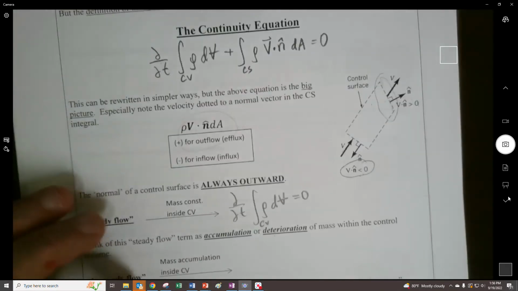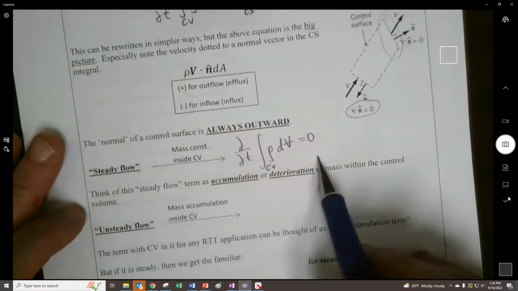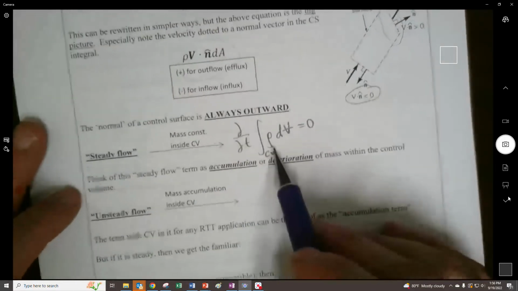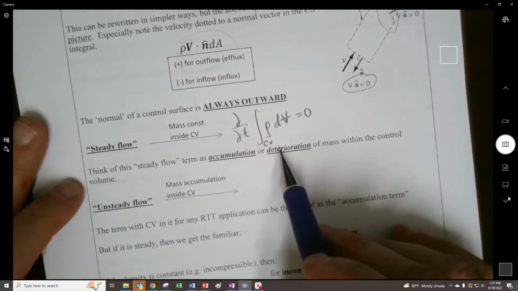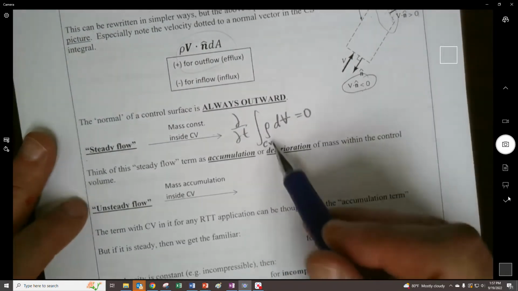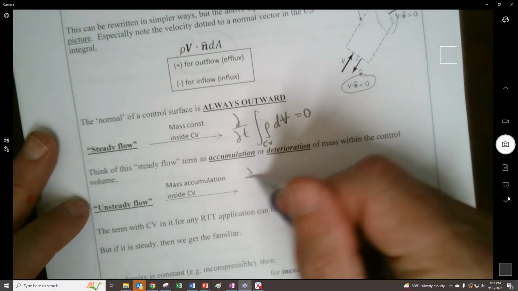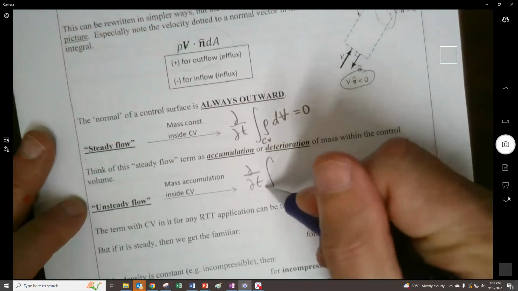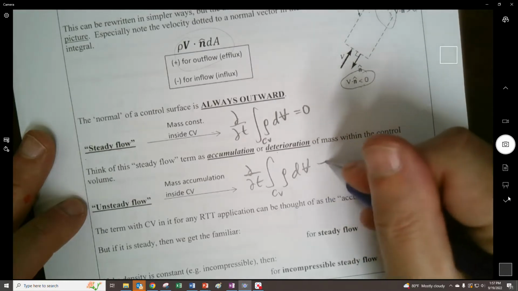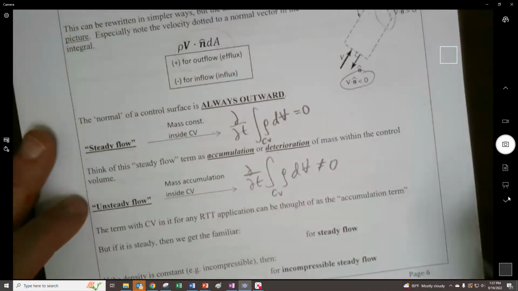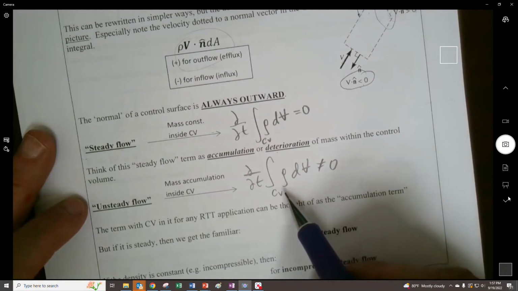If that's not true, therefore we have steady flow, right? The amount of stuff, or in this case mass, that's accumulated inside there. If that's the case right here, this is redundant. I don't know why I have this, but I'll write it anyway. Not redundant, but it just kind of communicates and emphasizes, repetitious maybe, yeah.